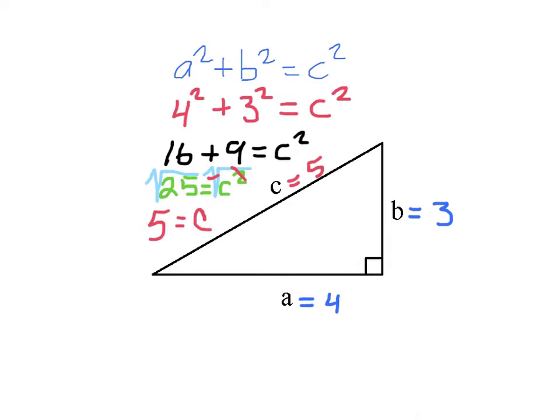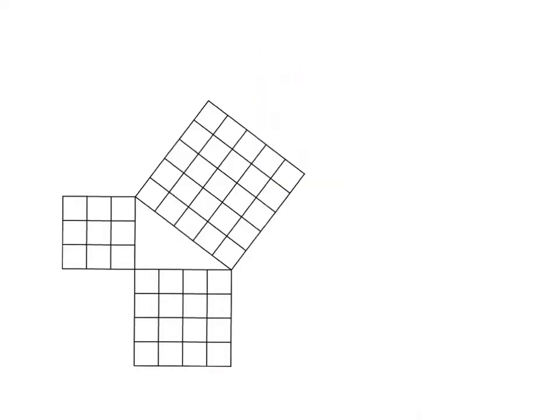Now, if we wanted to see this a little bit more visually, we can also look at it in this way. So here we have the same triangle, just rotated. And as you can see, on the left part of our triangle here, we have a side that is 3 units long, and across the bottom we have a side that's 4 units long, and that would be representative of what we just solved.